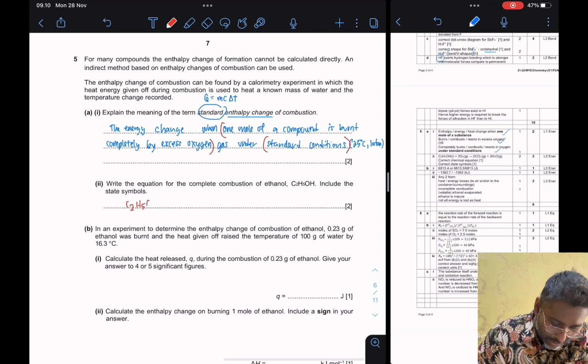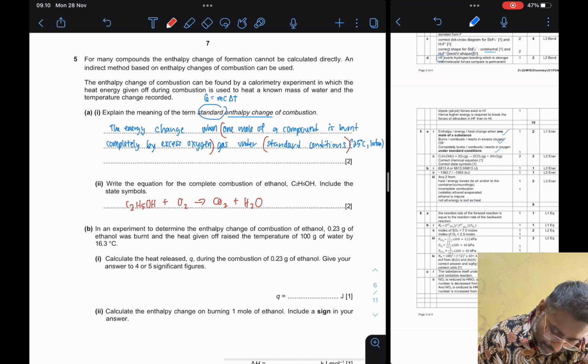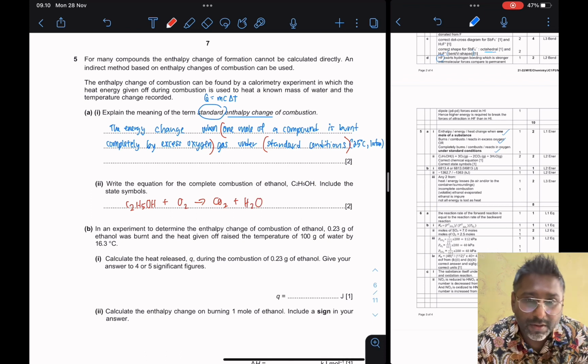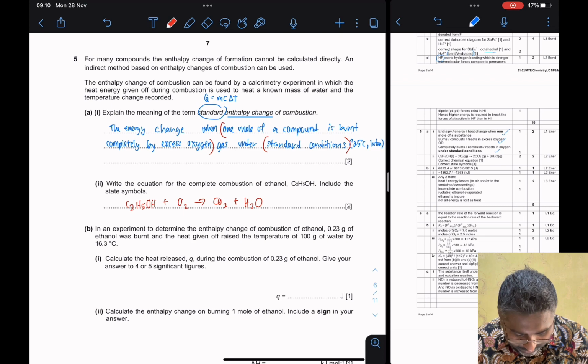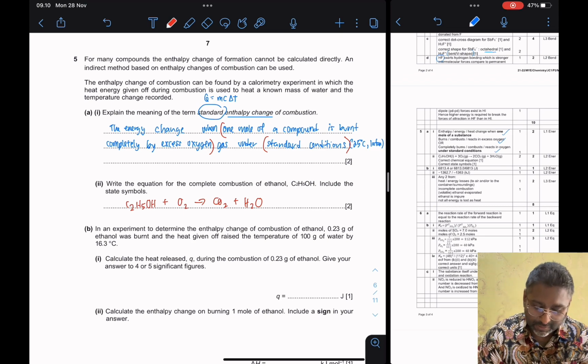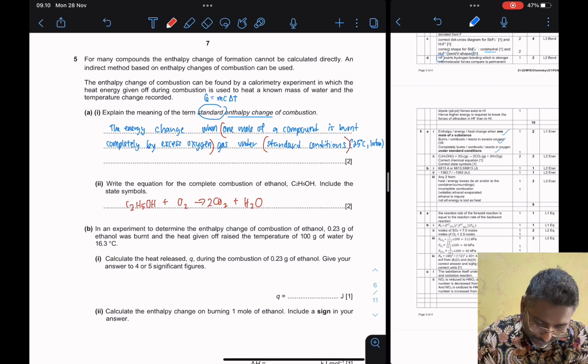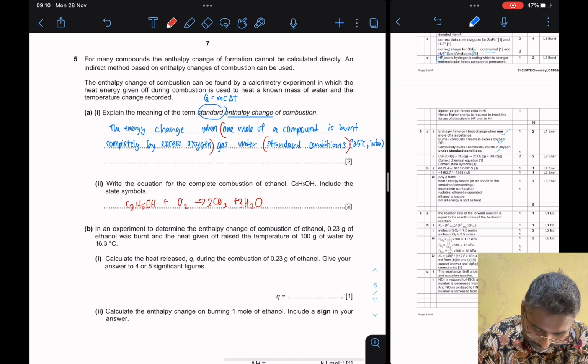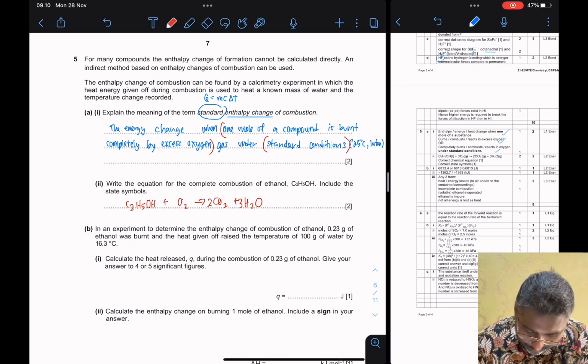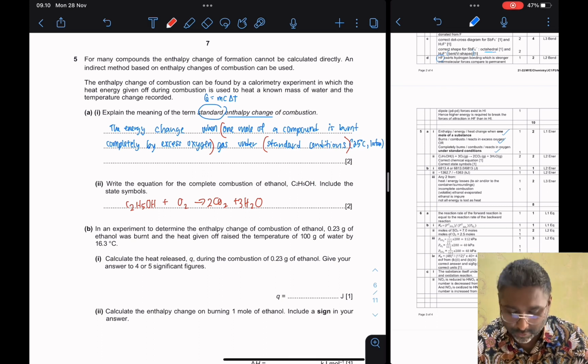Now write the equation for the complete combustion of ethanol. So ethanol, C2H5OH, is completely burned with oxygen. Ethanol will give you carbon dioxide and water. When they are completely burned, do remember enthalpy of combustion is for 1 mole of ethanol, cannot be more than that. So this one will be 2 carbon, hydrogen that's 6 on the left, so I put 3 over there. The last one that I balance is oxygen.